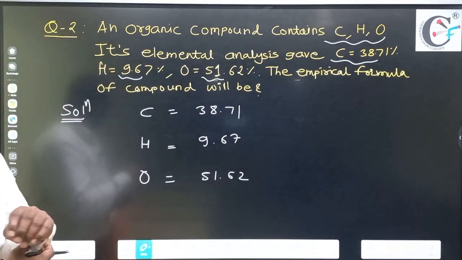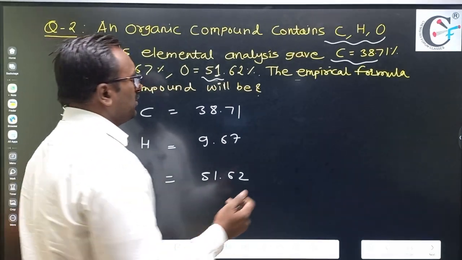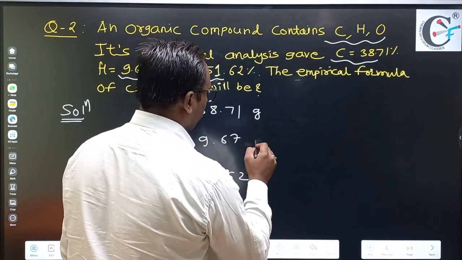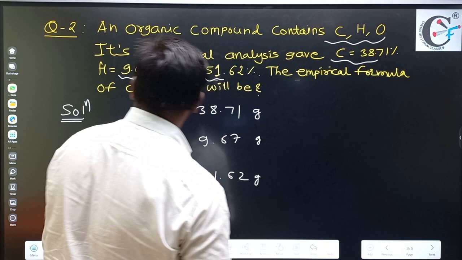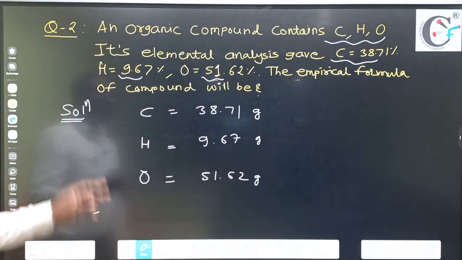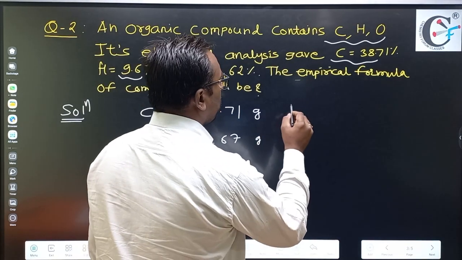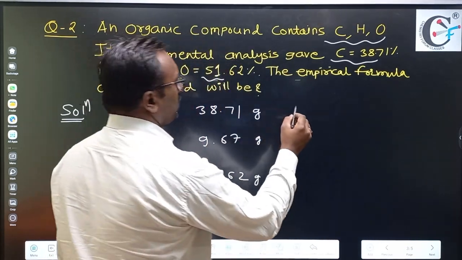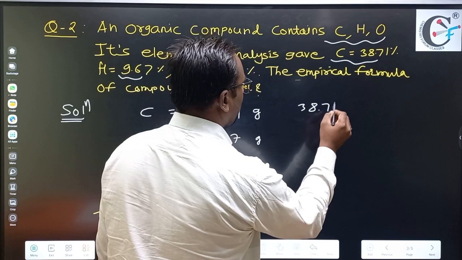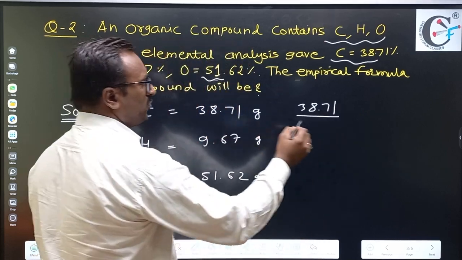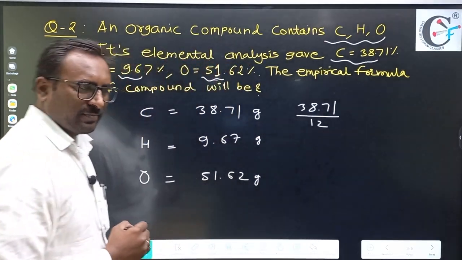These are the percentage, means these are the gram quantity, convert into gram. Now our second step, convert this gram quantity into mole. So mole will become given mass upon molar mass.